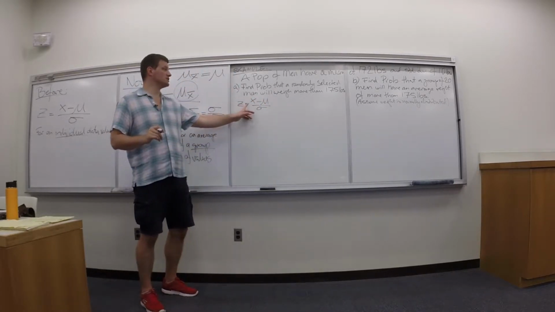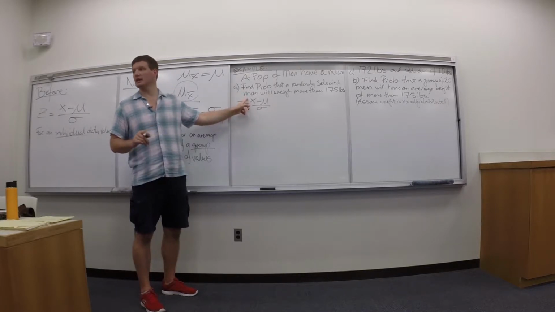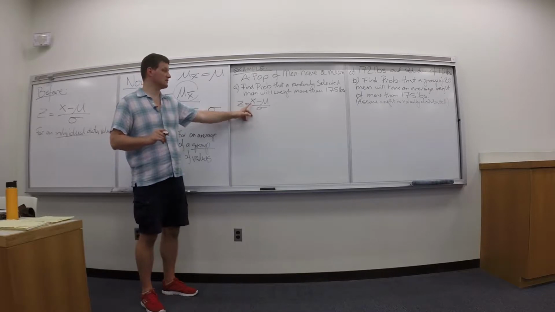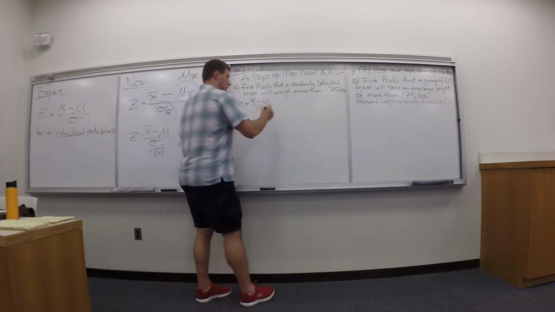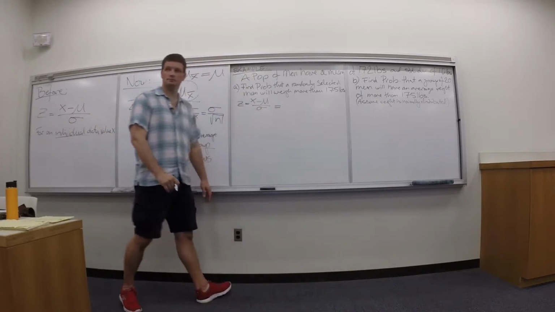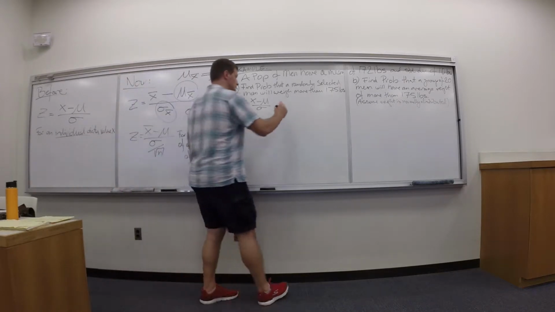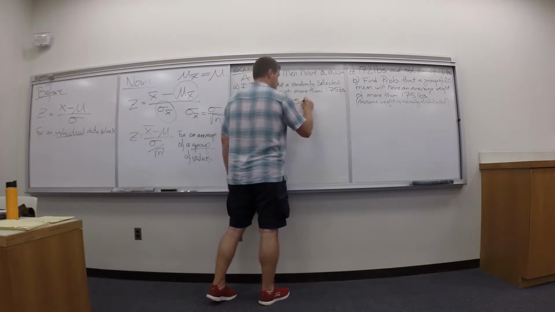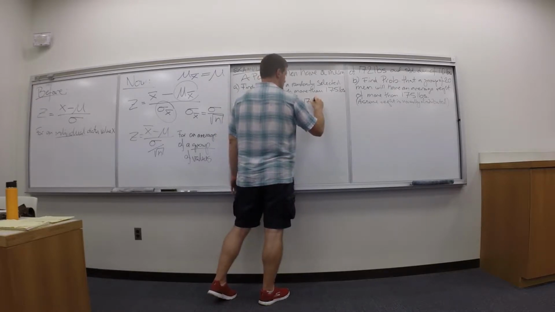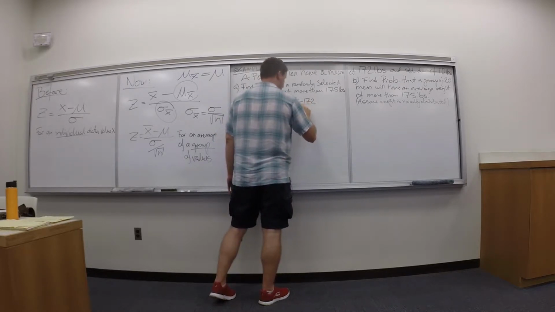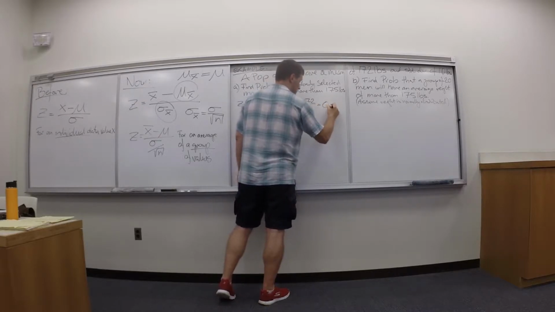Why am I using x? Because I'm looking for one selected man, a randomly selected man. So that's why you have an x versus x bar. What's x? 175 minus 172 divided by 10. 3 divided by 10, 0.3.